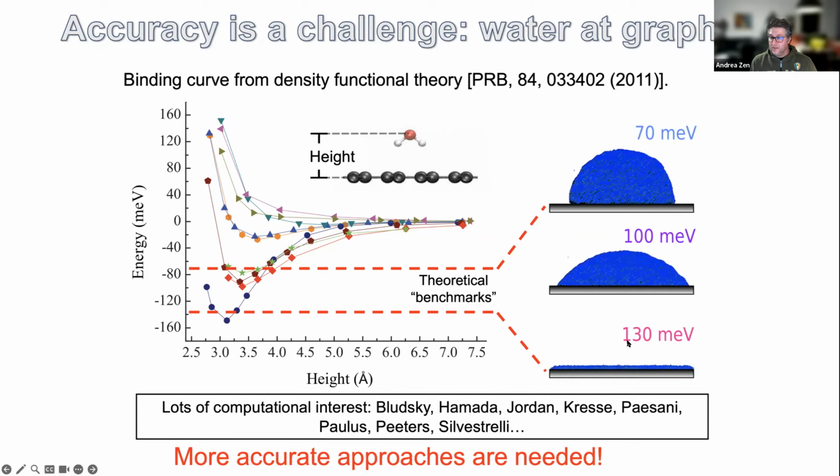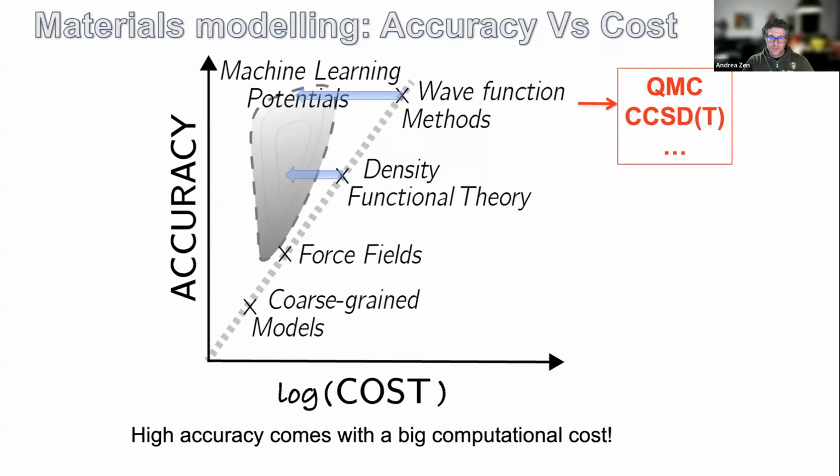If it is 130, then the water totally adsorbs on graphene. So in this apparently little interval, I essentially have a physics that might be totally wrong. So even this little uncertainty matters.